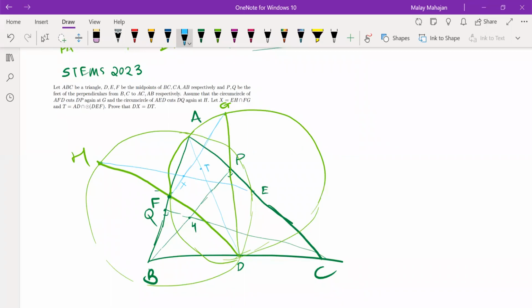This I'm not drawing for now. Yeah, as you can see, the figure is terrible.